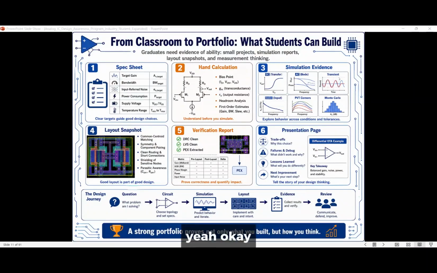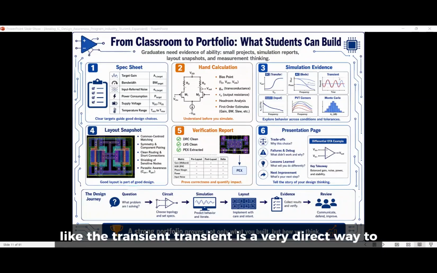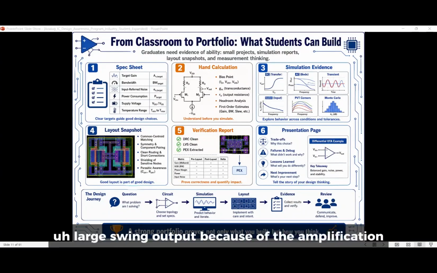Okay, so we can also observe other waveforms like the transient. Transient is a very direct way to help us observe the input-output waveform, right? So we have a very small input signal, for example, millivolts or microvolts, very small, right? But we have a large swing output because of the amplification.